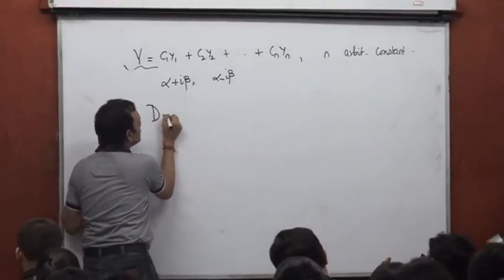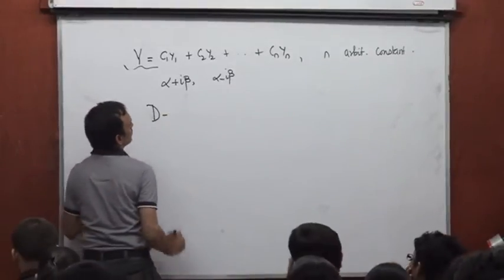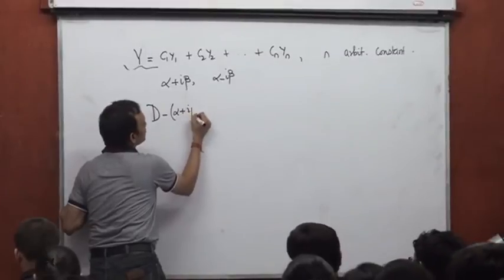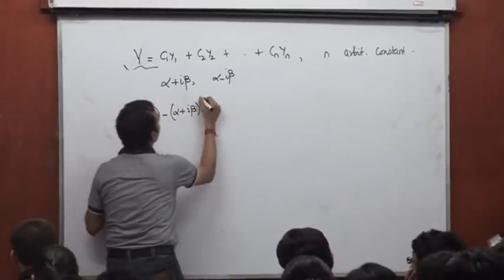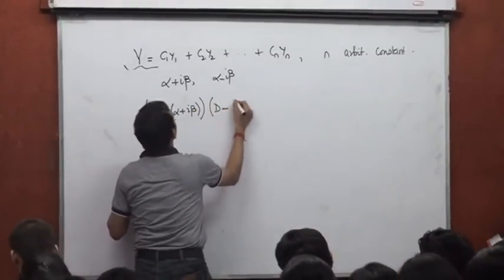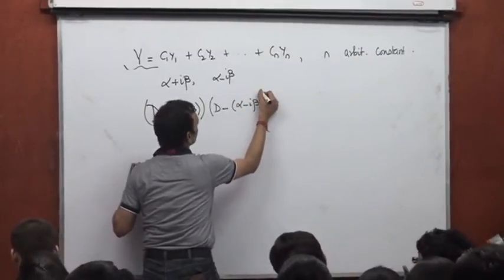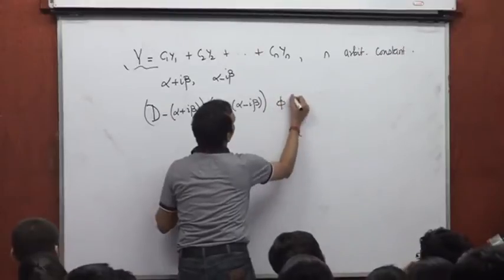So we had, let's say, (D − α − iβ)(D − α + iβ) into some φ(D) equal to 0.